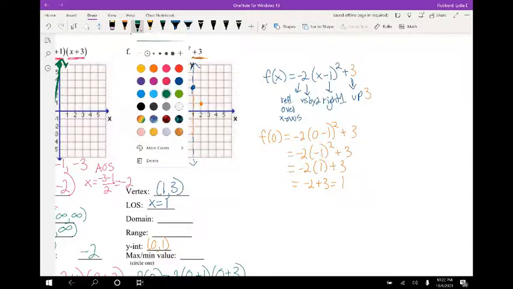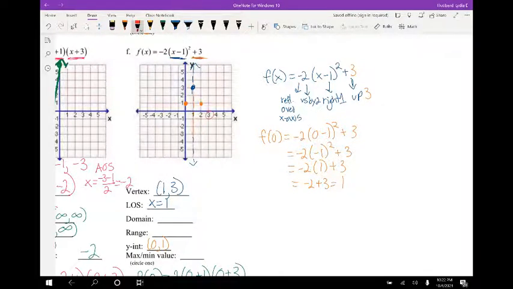Again, if you wanted an additional point, you could plug in another x value. Good options would be 3 or -2 or even -1. All of those are kind of close enough to the axis of symmetry that you could get a good point. But let's say I wanted to continue with the transformation. So I have the point 2, 4.